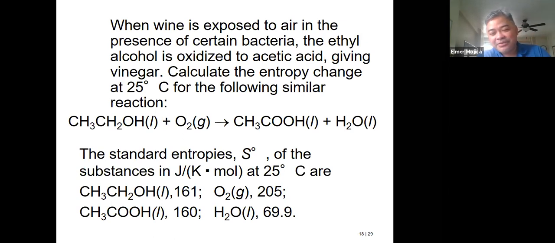From the Last Supper to the cross, right? Because at the Last Supper they drank wine, and when Jesus was on the cross, he said I'm thirsty, and he was given what? Vinegar. But based on the reaction alone, what can you say about the delta S before we calculate the number? Is it positive or negative delta S?